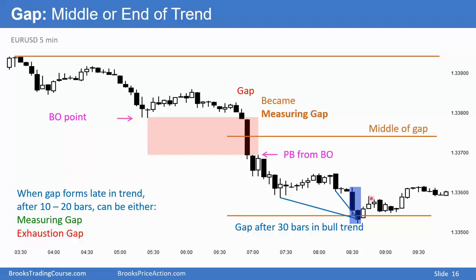Most of the time, it means conversion into a trading range. It might ultimately reverse, but usually an exhaustion move means the bears are exhausted and they'll stop selling as aggressively and the market stops going down, not necessarily reverses into a bull trend. Once the gap closed, it became an exhaustion gap.